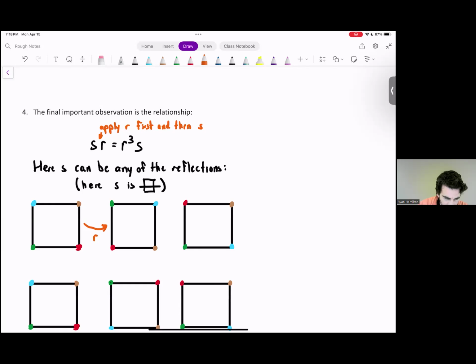And then if I take the second box and I reflect it through the horizontal, I get the last box.